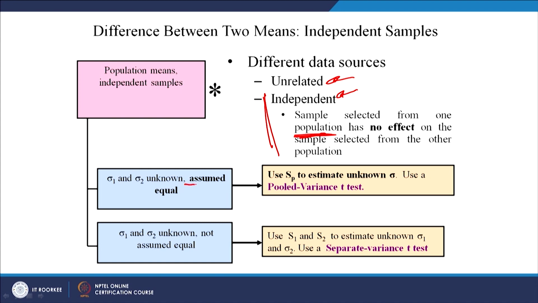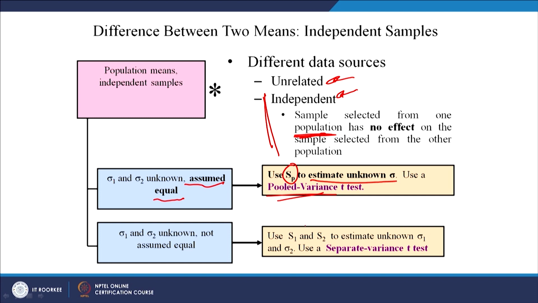So, when you assume these two equal, right, standard deviations are unknown, but you are assuming them equal, there is something called pooled variance test, SP. This is nothing but pooled variance. This we will use to estimate unknown standard deviations.